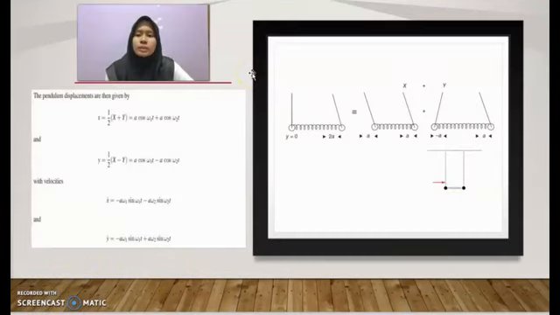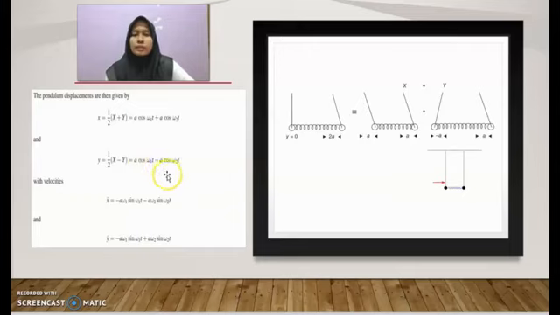So the pendulum displacements are then given by x equal to 1/2 capital X plus Y equal to a cos omega 1 t plus a cos omega 2 t. And for the component y equal to 1/2 capital X minus Y equal to a cos omega 1 t minus a cos omega 2 t.